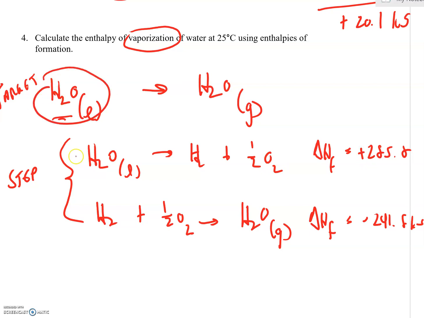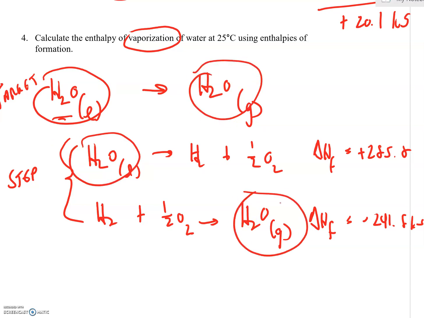Well, H2O is a liquid. Boom. H2O is a gas. Boom. Everything else should cancel. H2, 1/2 of an O2, and that means that all we have to do is add this up. So we're going to say 285.8, which is a positive number, minus 241.8, which is a negative number, is 44 kilojoules.